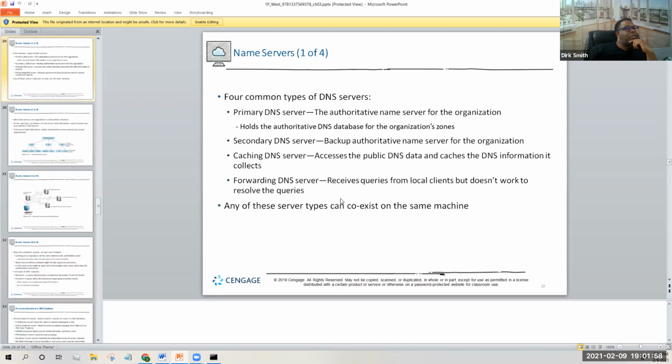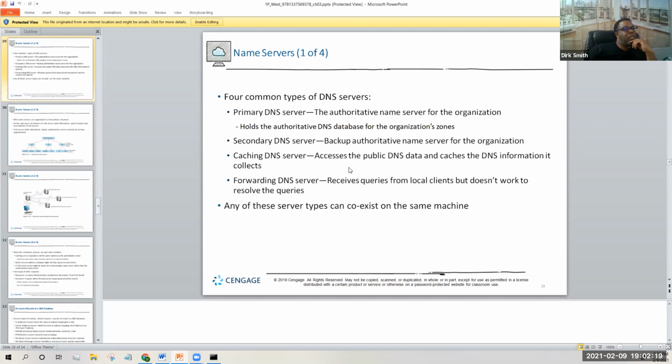There are four common types of DNS servers: the primary, the secondary, the caching, and the forwarding. The authoritative name server holds the authority of DNS for the organization as a whole. The secondary DNS server backs up the first one.